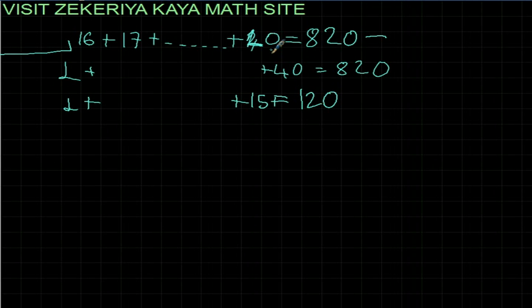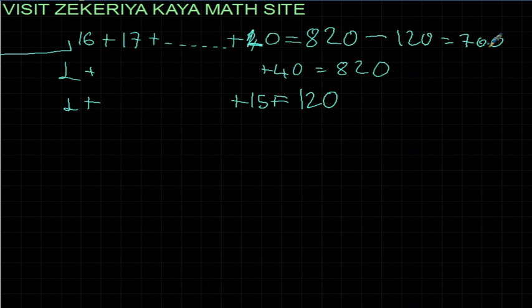So from the sum of all numbers, we need to subtract the sum of the first part. We must subtract 120. It will be 700. Let's give you another question. 820 is the sum of all numbers from 1 to 40. From this one, we must subtract the previous part.